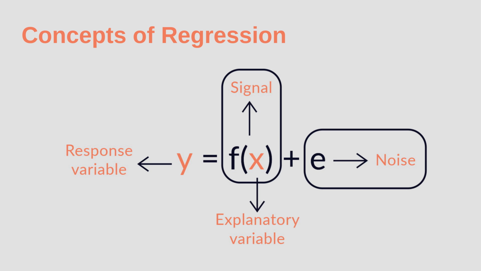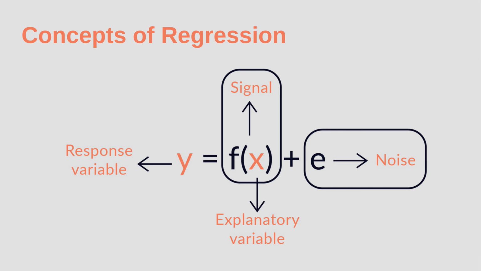F denotes a mathematical function that defines a relationship between y and x. F of x is called the signal. E or epsilon is called the noise, that represents the error in the model. In a perfect model, E or the error becomes 0. This is the most important concept in modeling. A good model has a high signal-to-noise ratio.